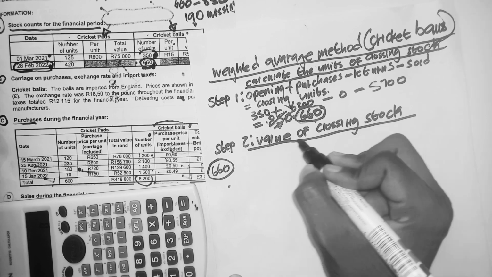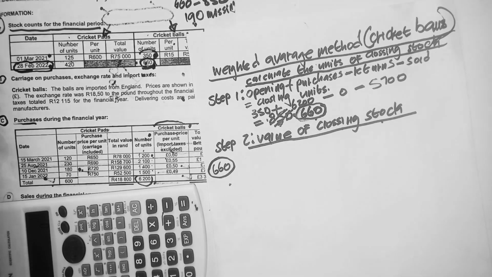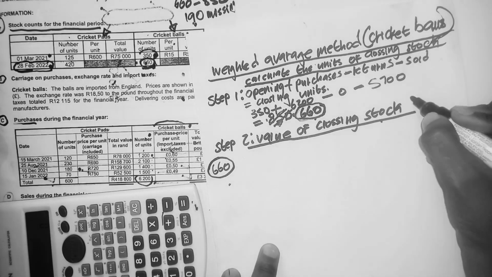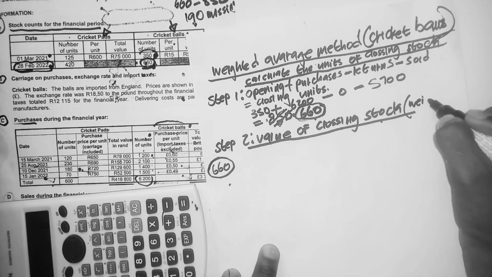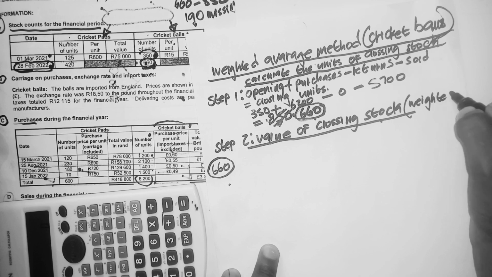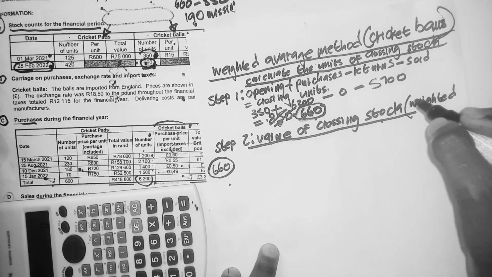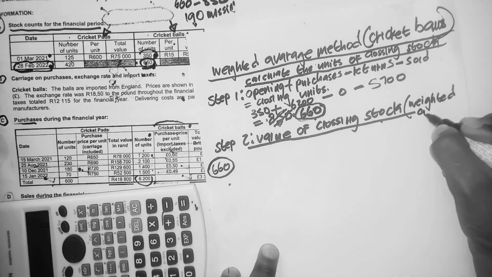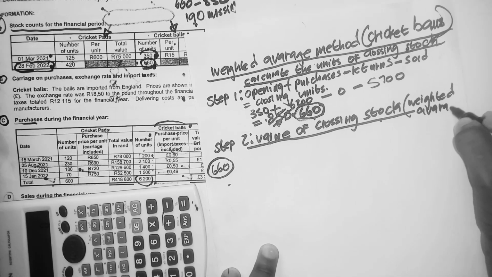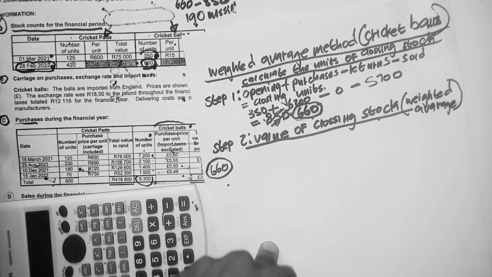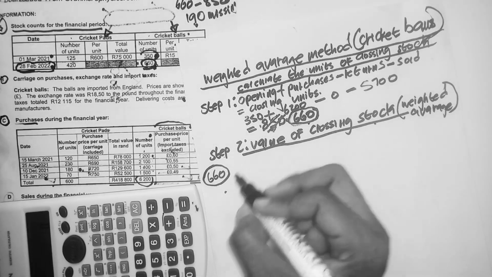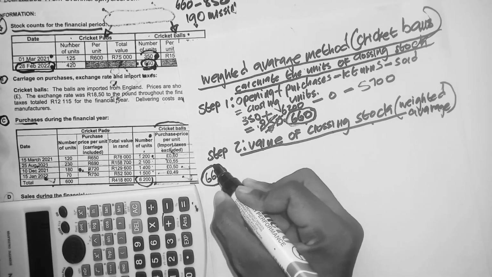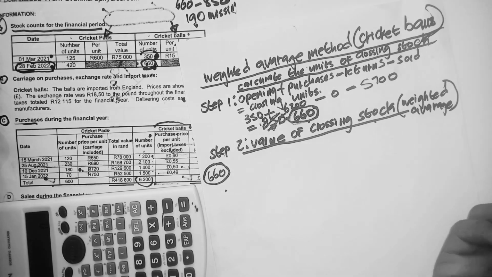What is the value of this closing stock? But we are using weighted average. We are not using FIFO. If you want to calculate the value of closing stock using FIFO, go and watch the previous video. Now we are using the weighted average method. Calculate the value of closing stock of the 660 cricket balls using the weighted average method.